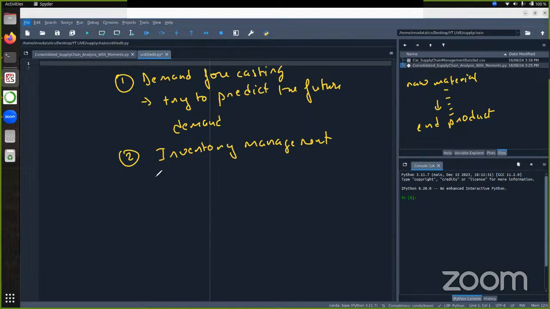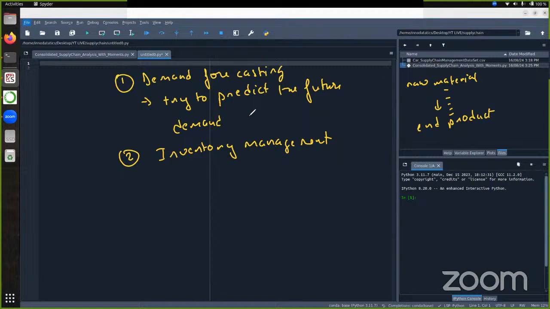So we have to understand an important aspect: whenever we have any product which is just sitting there and not being utilized, it will cost you some money.